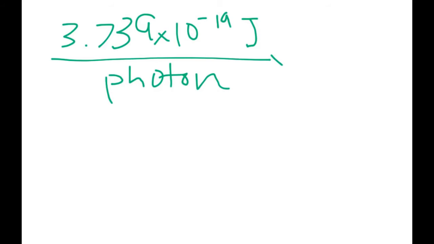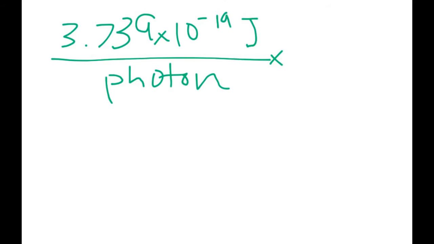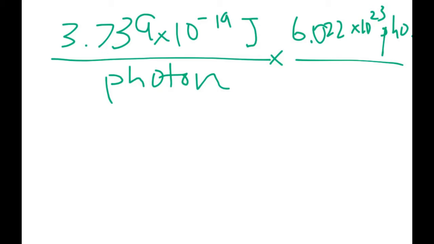So how do we convert this to a mole of photons so we get the energy per mole of photons? Well, we have to multiply by 6.022 times 10 to the 23rd photons, and I'm going to abbreviate it there as PHO, per mole of photons, and let me just multiply it out.